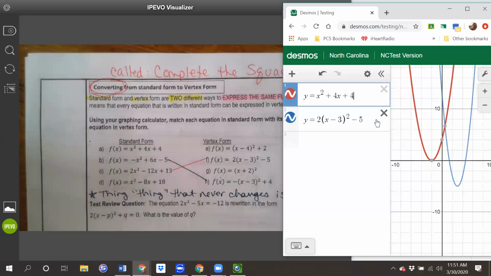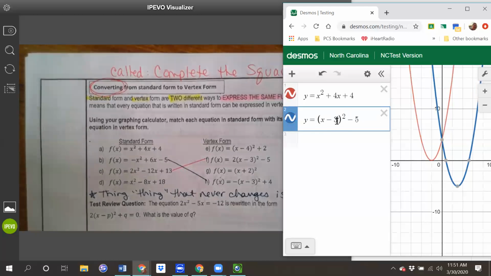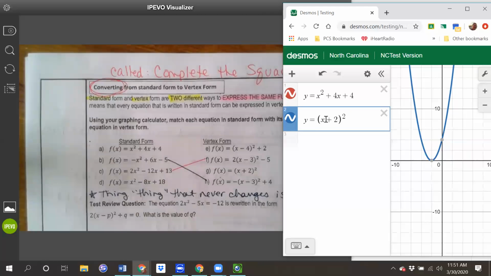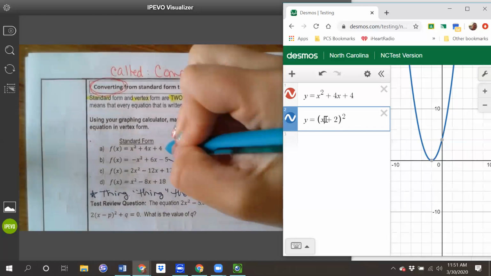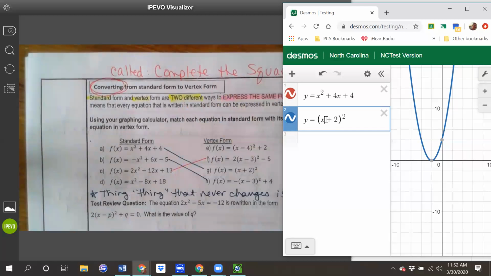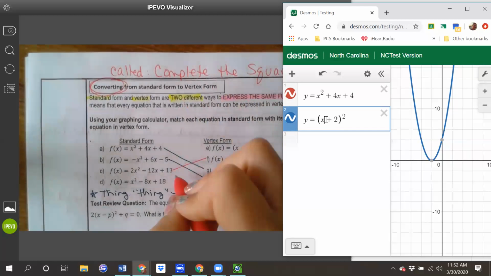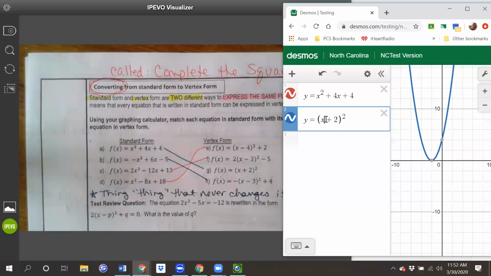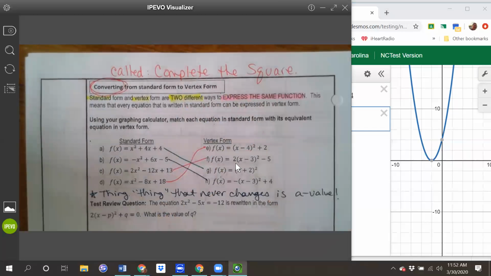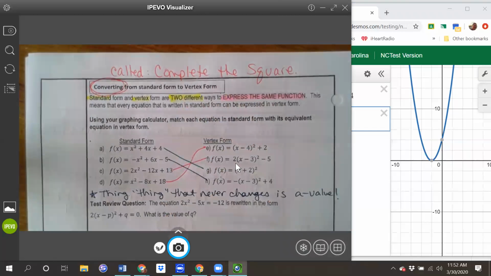All right, so A is going to go with G. Same thing. So if A goes with G, then that means that D is going to go with E.